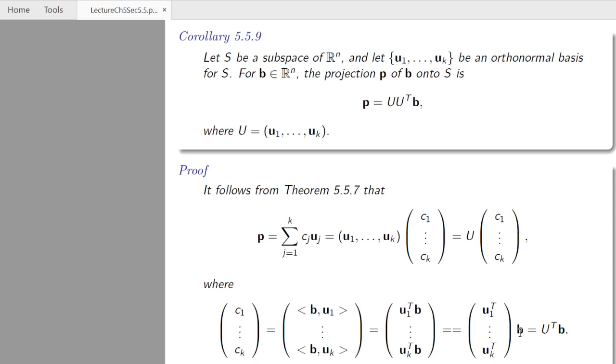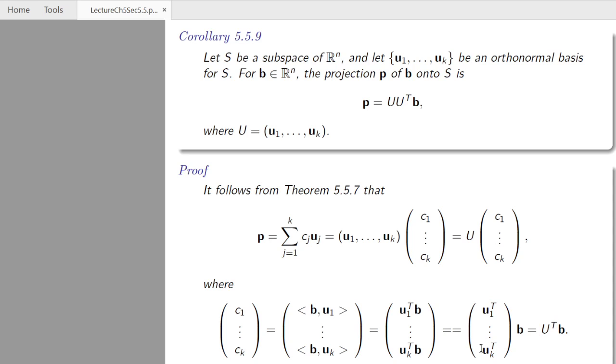In this way, this part actually equals the transpose of the U matrix. Because if U equals this matrix and we take a transpose, then u1 transpose will be the first row of U transpose.